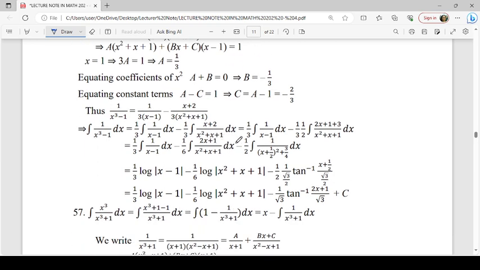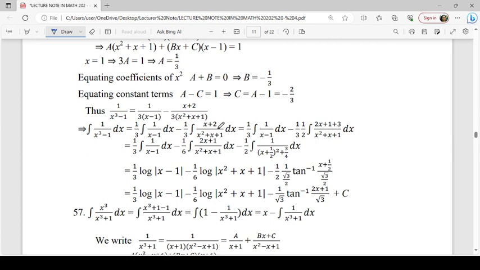So this you can understand. This part will come as a logarithm. Then for x square plus x plus 1, if we substitute this as z, then twice x plus 1 is dz.